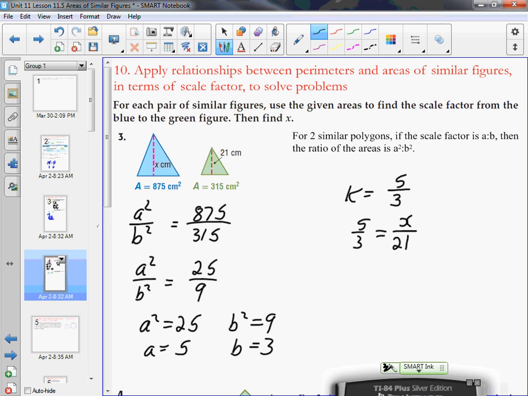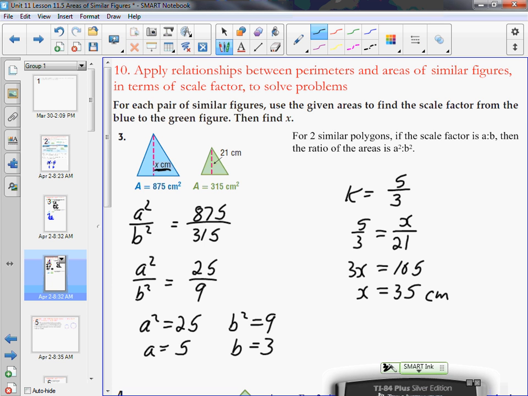So that'll be 3x equals, and what's 5 times 21? 105, and 105 divided by 3. Now, the scale factor doesn't need units, but x does. They've got them here, so x is in centimeters.